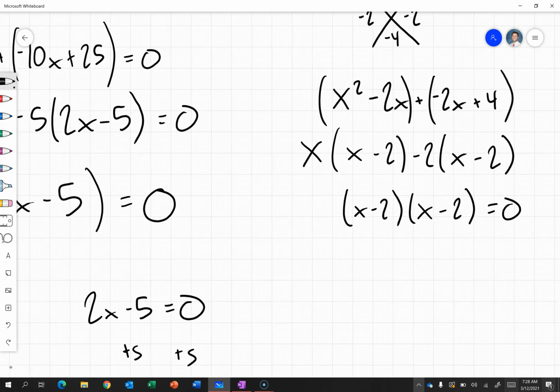So now we can solve for x. In this case, both of them are x minus 2 equals 0. So we solve, and we get x equals 2.